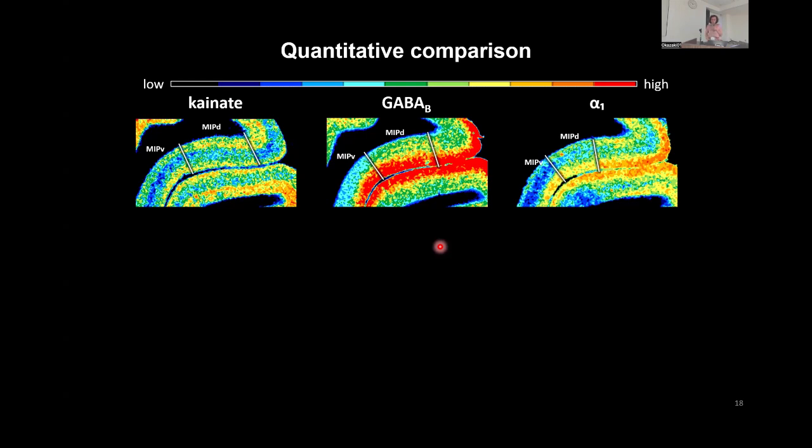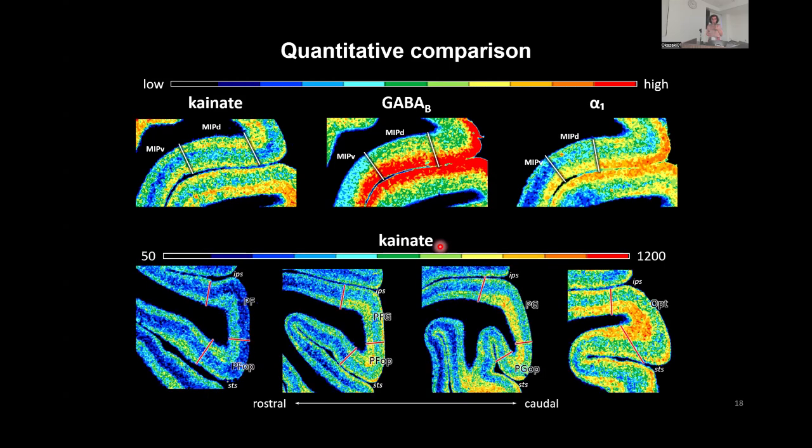Just so that you see that we could statistically validate the differences in receptor densities between our areas. And among other things, we found, for example, when moving from most rostral to most caudal sections, a significant increase in kainate densities. Yes, there's a question.